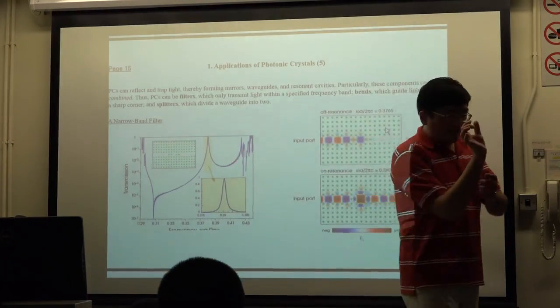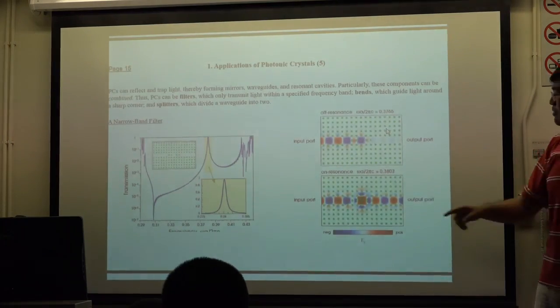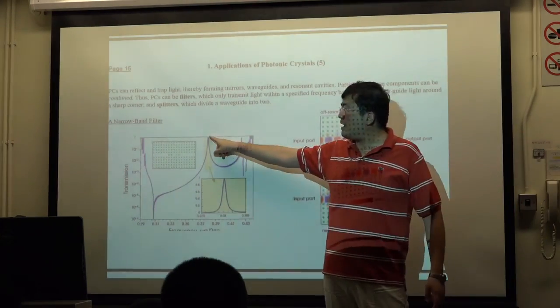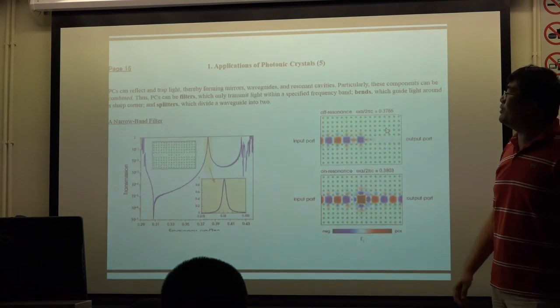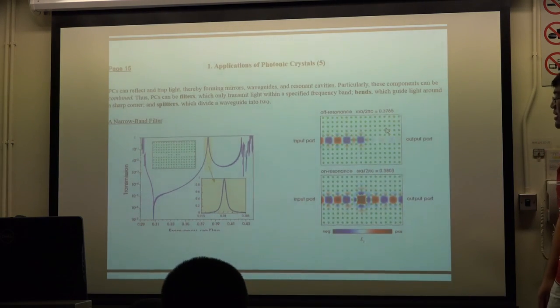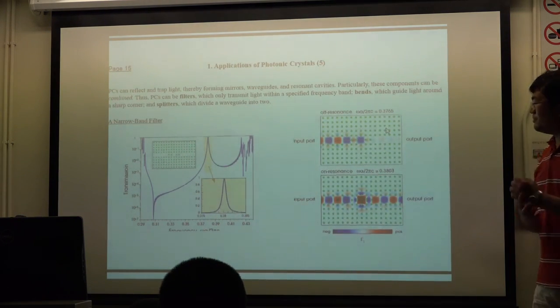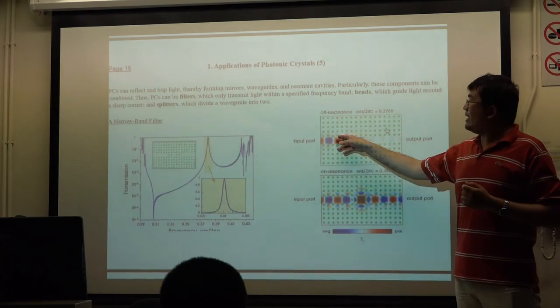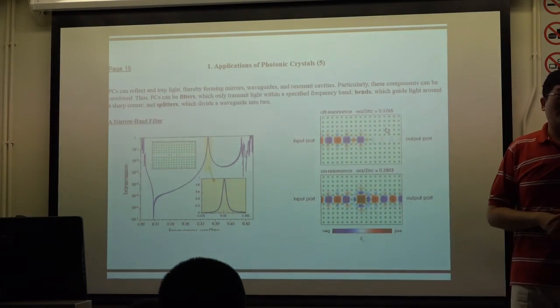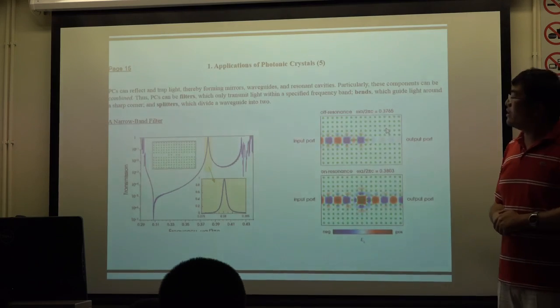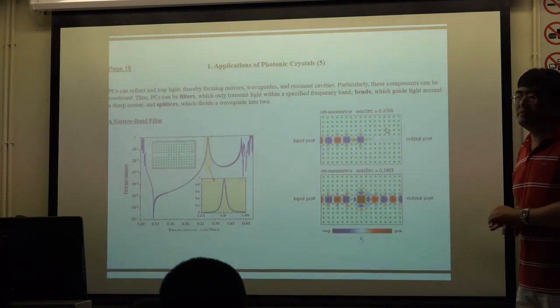First, they have very good selectivity, and the transmission can reach 100% in the lossless case. This is called a narrow band filter. The waveguide is coupled to this cavity and then coupled to another waveguide. This is called a narrow band filter structure.